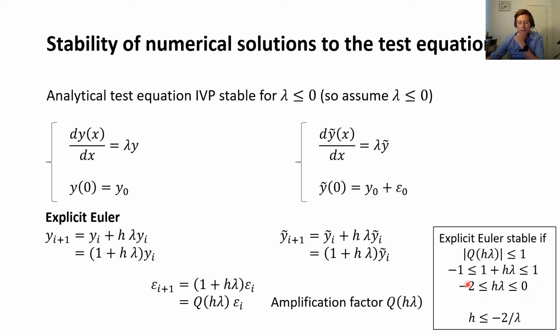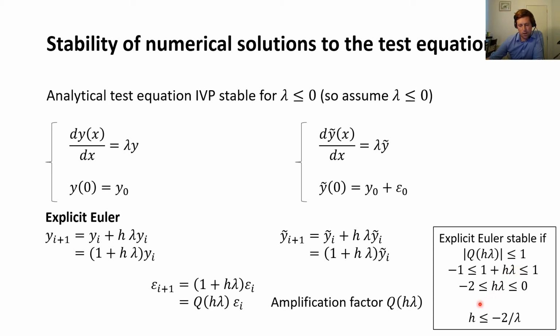And then we have the following. Now we know that lambda is smaller than 0. We know that h is larger than 0. So h lambda is always smaller than or equal to 0. So the inequality on the right-hand side is always satisfied.